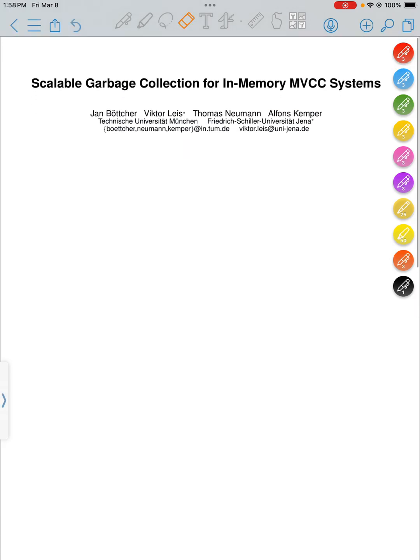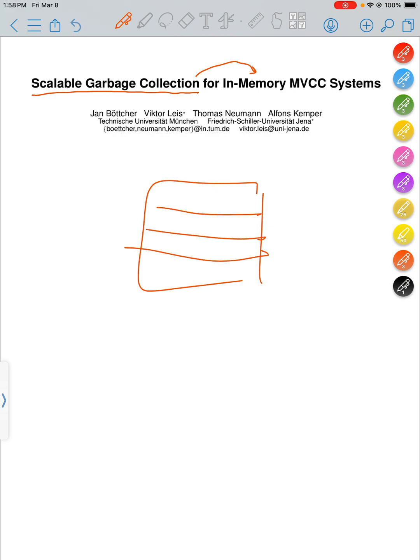Now coming back to scalable garbage collection for in-memory systems, as the title suggests, it creates a scalable garbage collection for in-memory. So what happens is that when you create an MVCC where there are multiple tuples, for each tuple you create version 1, version 2, and so on. So you know that at the end there should be a latest version which everyone should follow. This is the latest one, and this becomes obsolete.